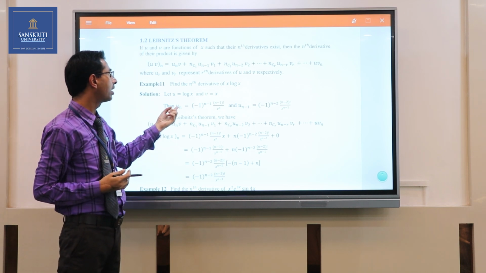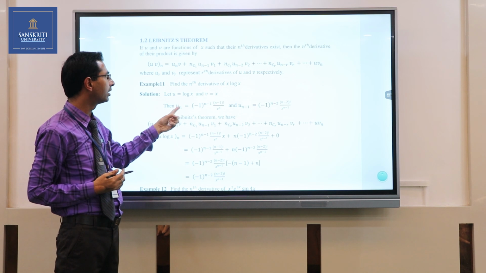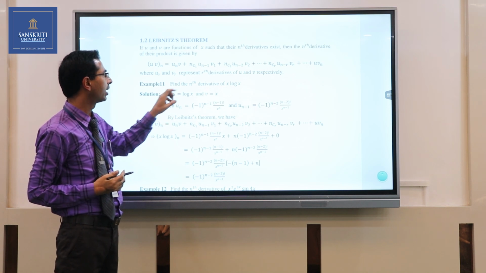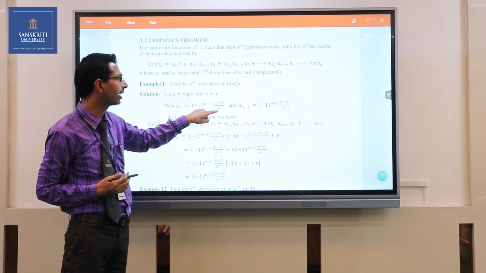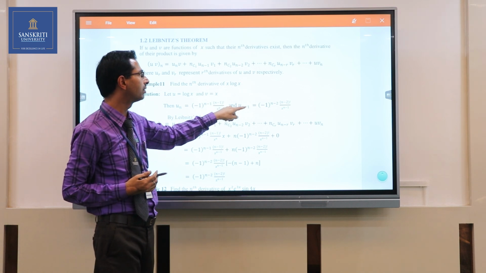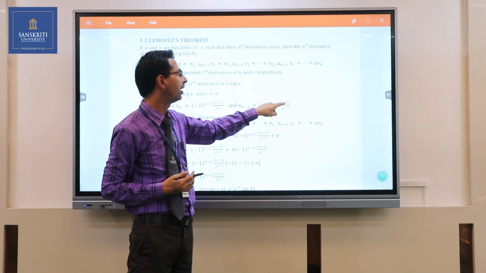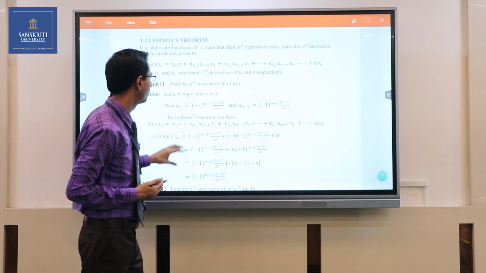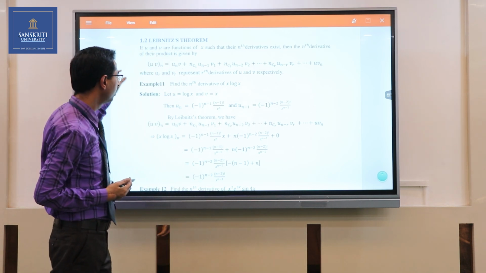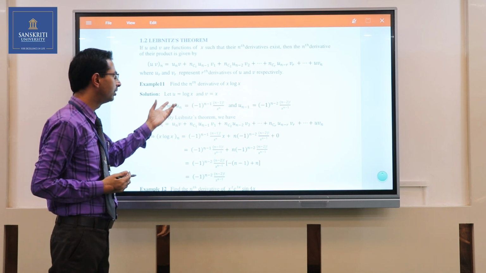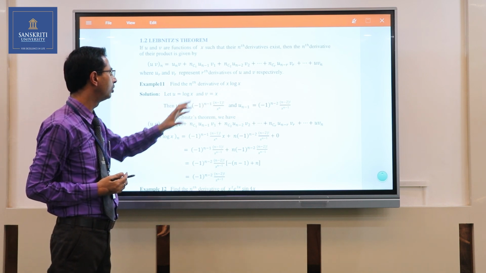So first we find the nth derivative of u, log x, which is (minus 1) to the power n minus 1, (n minus 1) factorial upon x to the power n, and u_(n-1) is (n minus 2) factorial upon x to the power n minus 1, by the nth derivative formula as before.